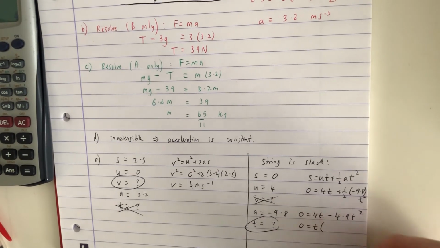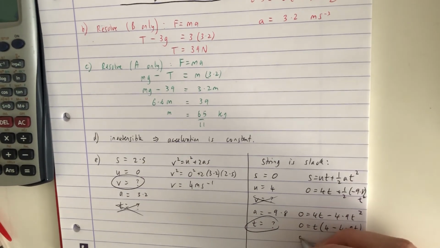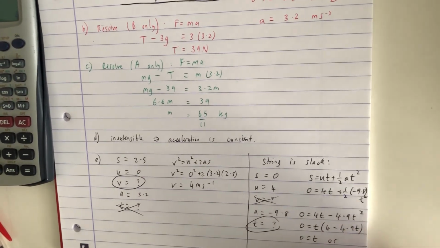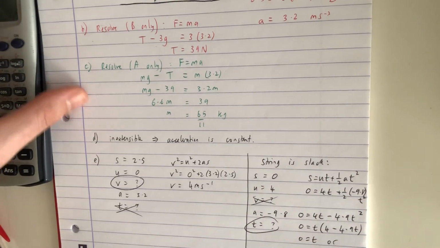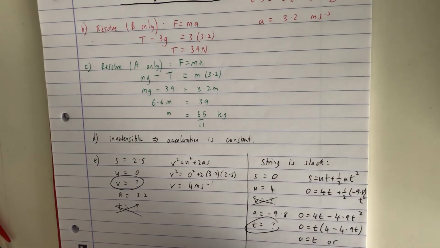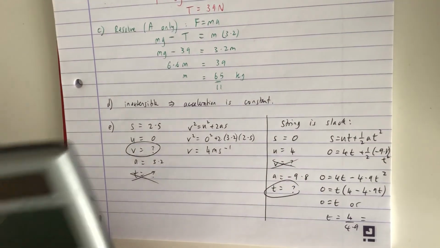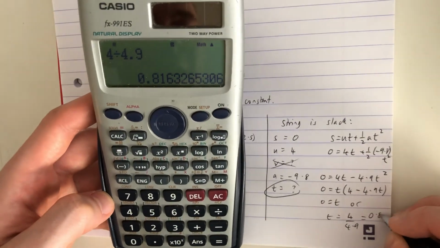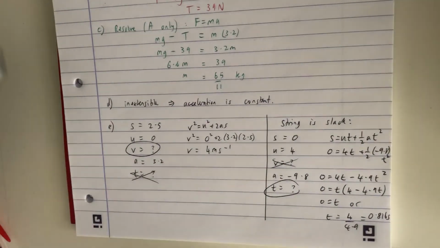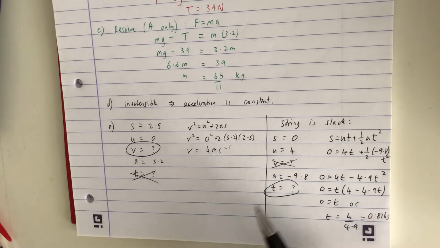And you can actually factorize this immediately, to give you t times something, so either t is 0 or t is equal to 4 divided by 4.9, which is 0.816 seconds. So that'll be the time it takes B, once the string has become slack, to go up and then back down to its same position, therefore the time when the string becomes taut again.